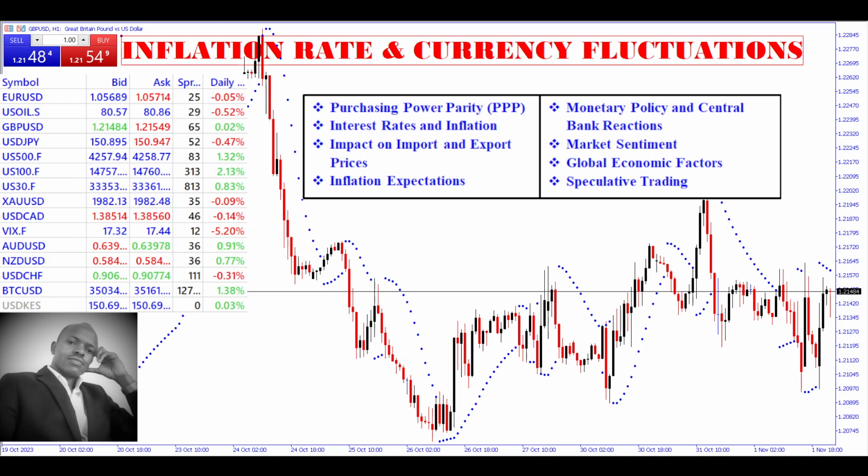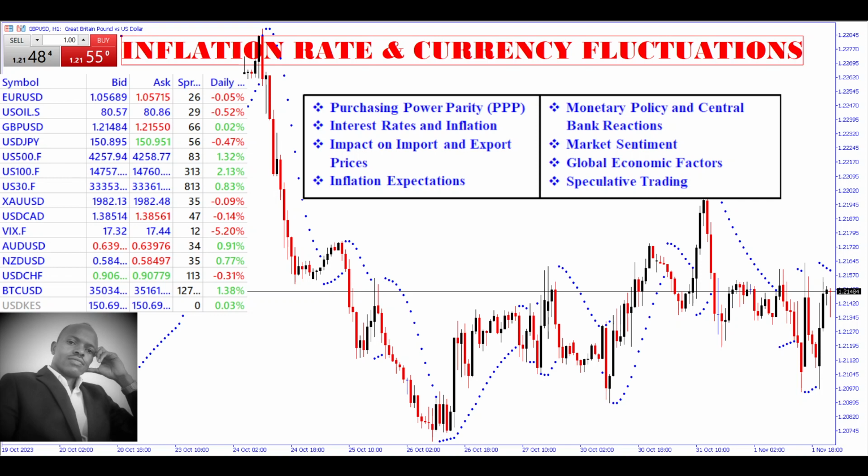Then let's look at the impact on inflation expectations. Market participants closely monitor inflation expectations. If investors anticipate rising inflation in the UK, they may sell the pound in anticipation of its diminishing purchasing power.